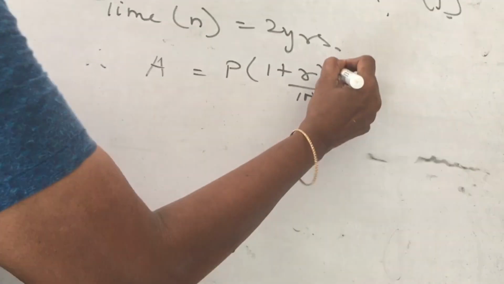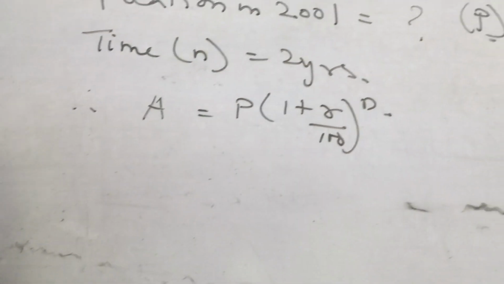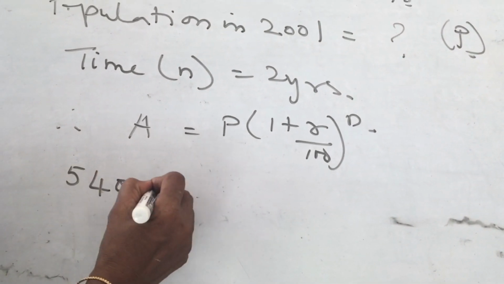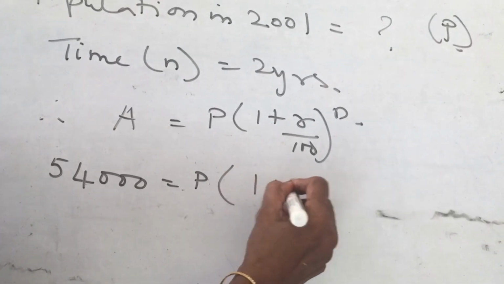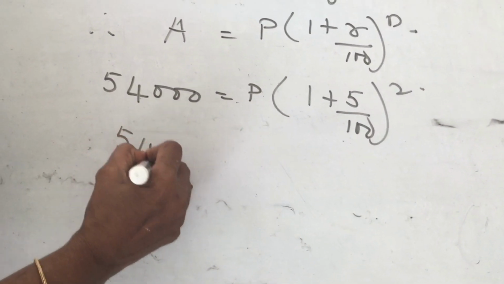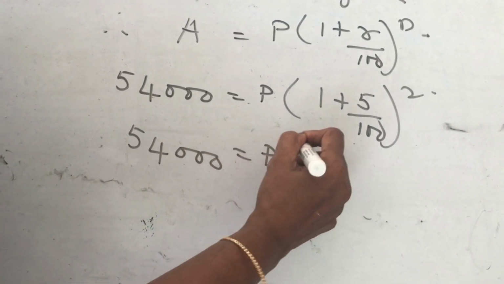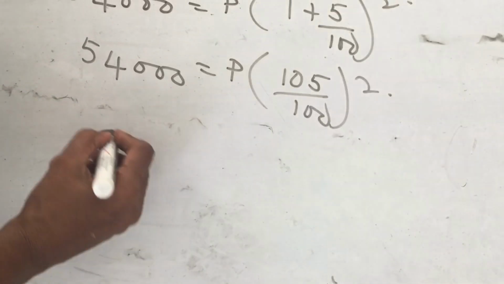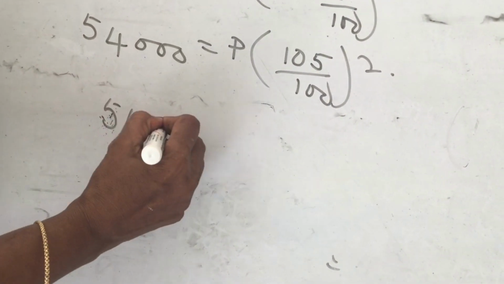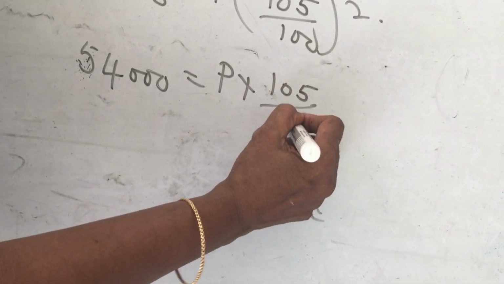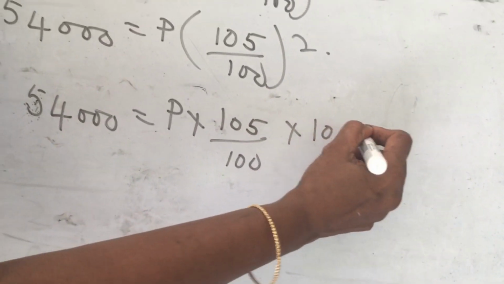A is equal to P into 1 plus R by 100 whole power n. 54,000 is equal to P into 1 plus 5 by 100, yes, 54,000 is equal to P into 105 by 100 whole power 2. 54,000 is equal to P into 105 by 100 into 105 by 100.